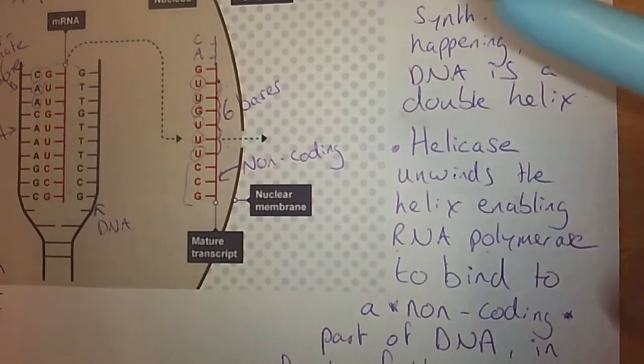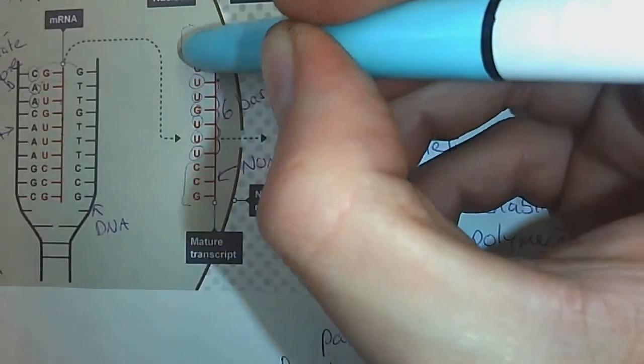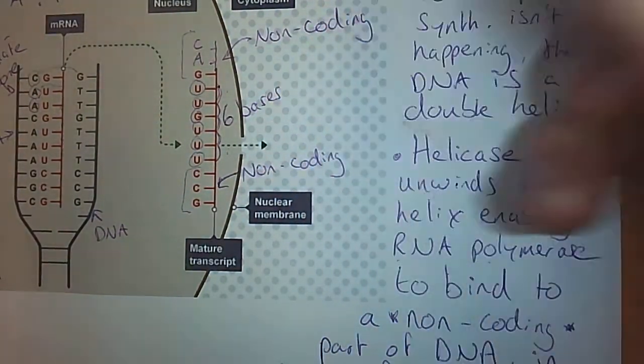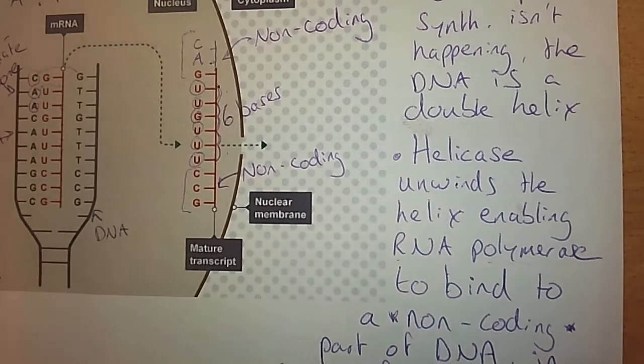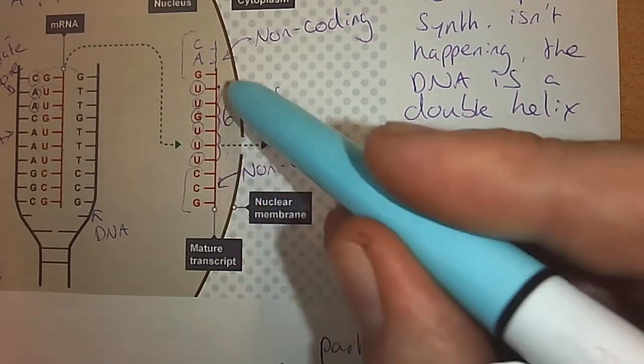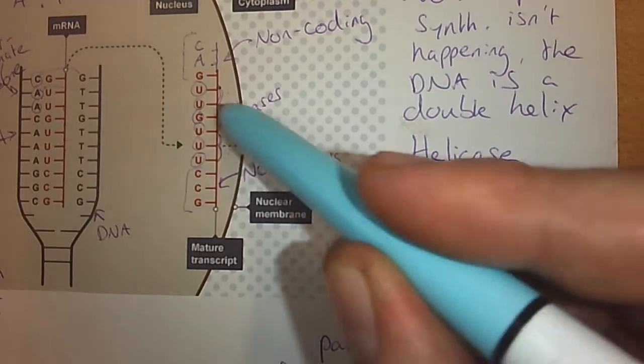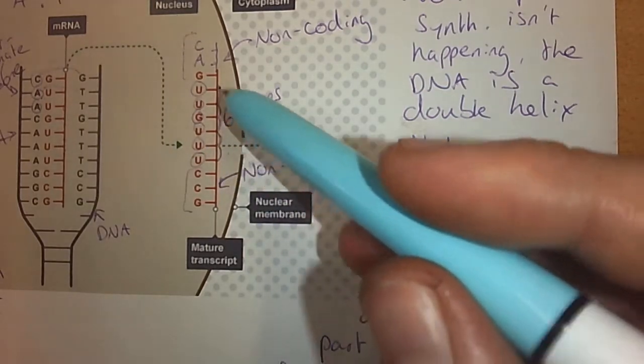bases at the end of that, and that will be another non-coding section, which signals to the RNA polymerase to stop doing what you're doing, because I've got my 6 bases that I need, I've got my gene, I've got my template for my protein, so I need to stop.